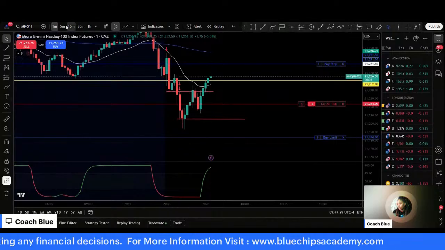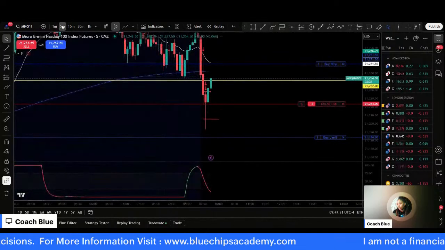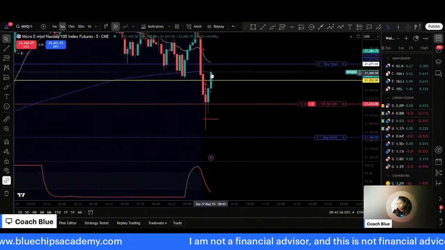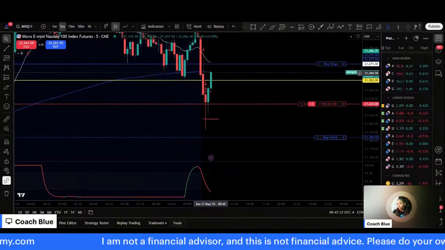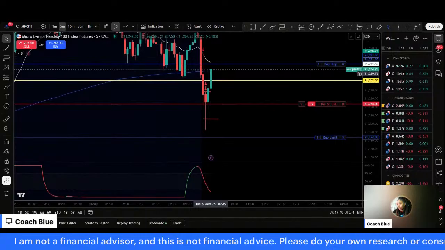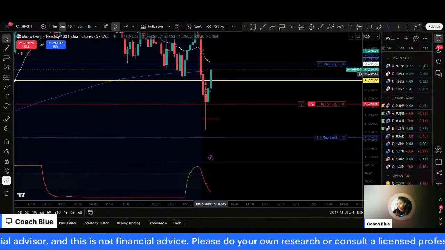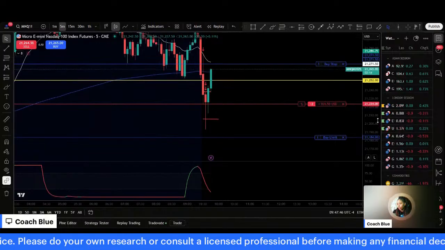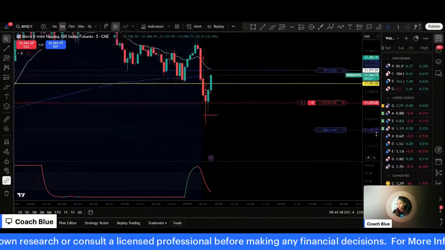Okay, and let's see how it looks on the 5 minute. Is this a pullback on the 5? Okay, so it's right under the 200 off the 5 minute. So let's see. Oh, it looks like it's trying to break through. Yep, it's trying to break through. That's what we're looking at here.